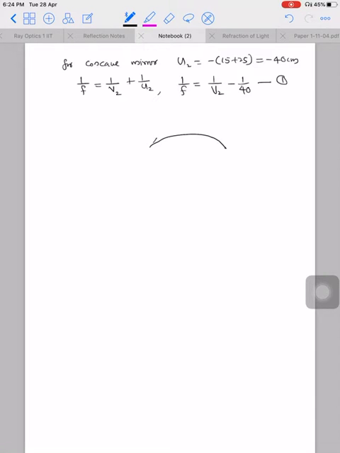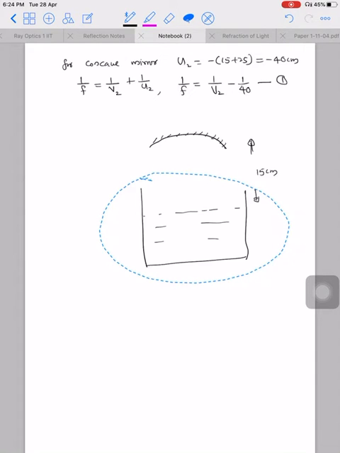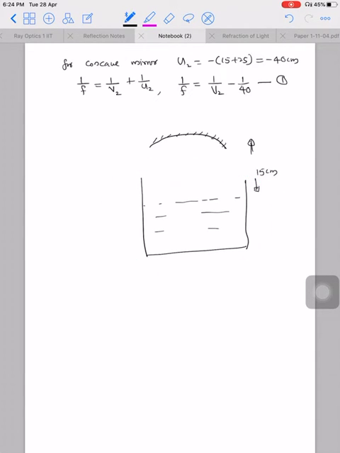Then after reflection, light undergoes refraction at the air-water interface. Therefore, the image formed by the mirror is considered as the virtual object of the second refraction. After reflection, the converging rays are incident on the air-water interface.